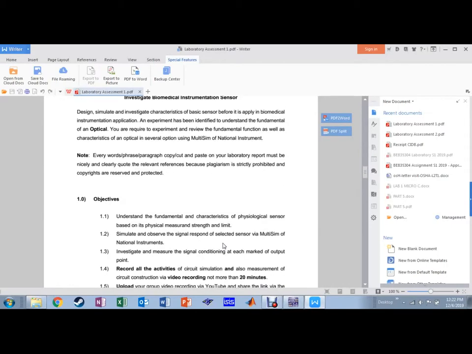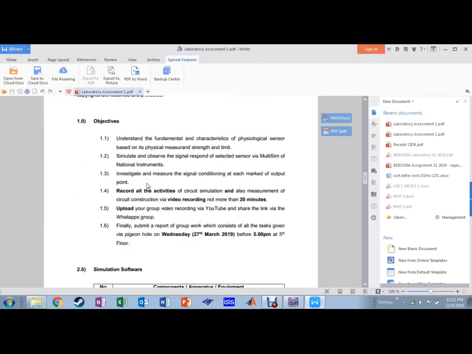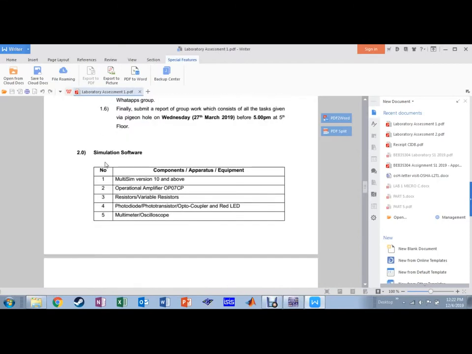So this is the objective of this laboratory. Next, for the simulation software, we are using these components. First is Multisim version 10 and above, so we can use the LabVIEW instrument, operational amplifier OP07CP, resistor, variable resistor or potentiometer, optic sensors, which are photodiode, phototransistor, optocoupler and red LED, multimeter and oscilloscope.